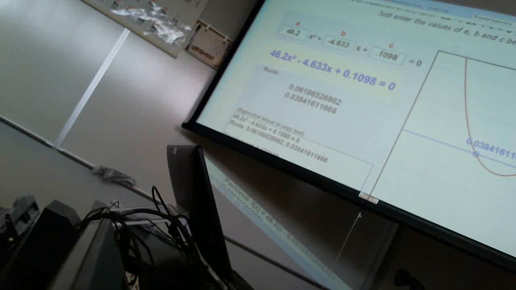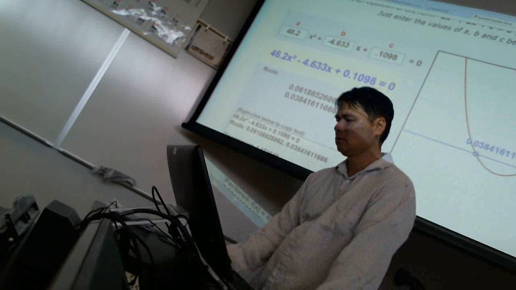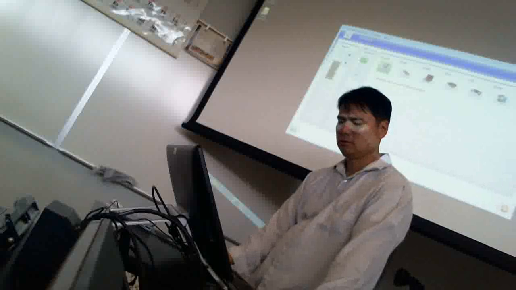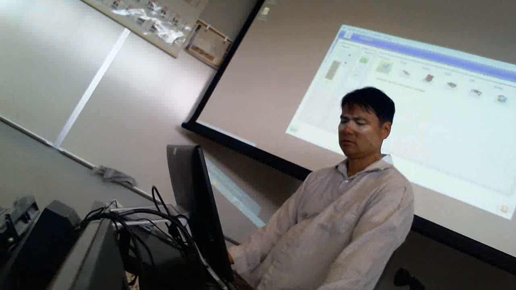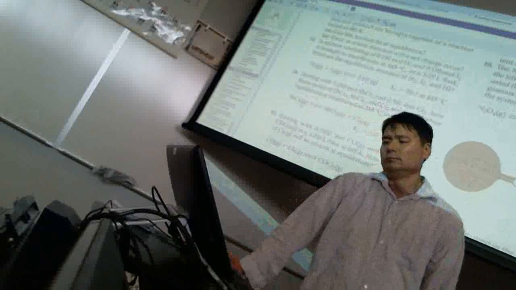And so let's calculate the K. It's going to be 0.07682 squared divided by 0.00774 times 0.00774. So just square it. And so what does this number come out to?